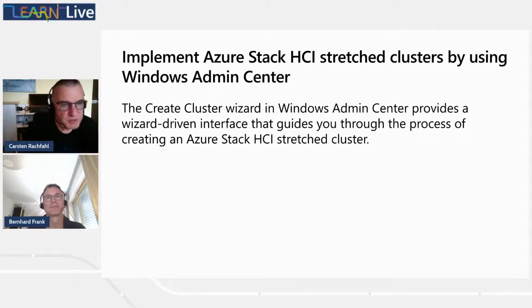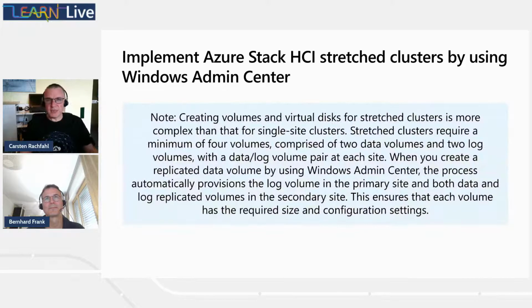And if you want to be sure that your data is on the other side, you do a synchronous replication, and that takes time, right? You're right. Stretching doesn't make it faster. No, it doesn't. So if you create a stretch cluster with Azure Stack with Windows Admin Center, there's a great wizard for that. And you can do that. I've done it multiple times. You can also create a cluster with PowerShell, of course, but it's very, very good in Windows Admin Center.